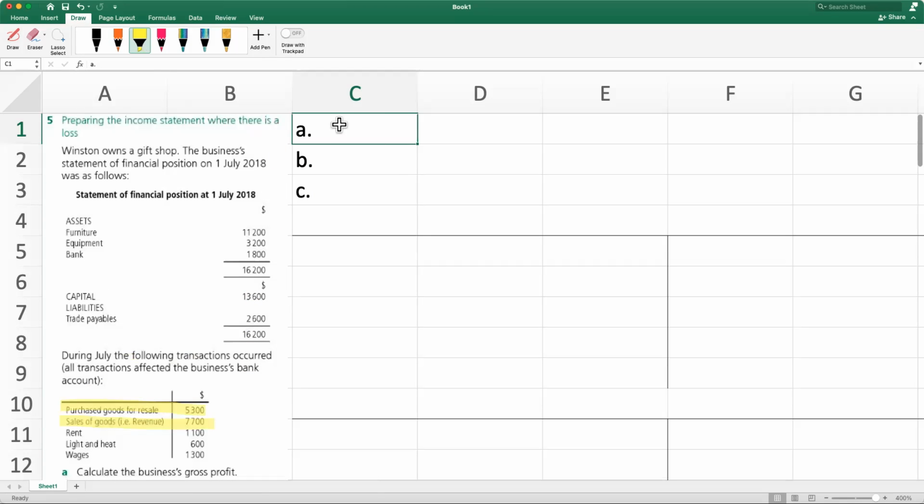So now let's just take gross profit equals to 7,700 minus 5,300, and we will get 2,400. So this is my gross profit.